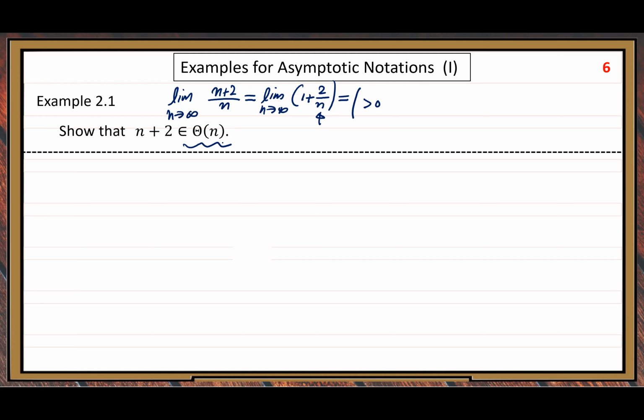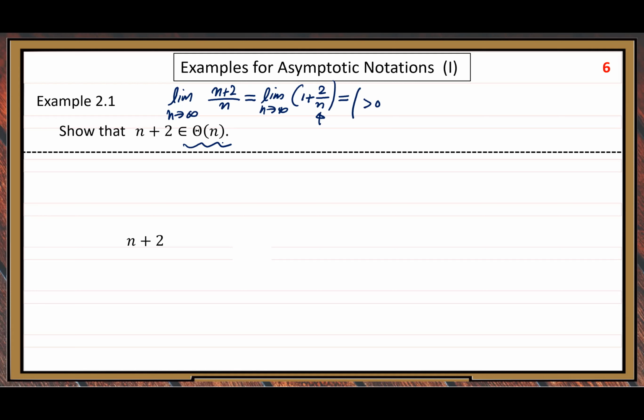If we work on this simple example, what should we do in the inequality way? Let me show you. Because for big theta, you need to consider both the upper bound and the lower bound to estimate this main function n plus 2.